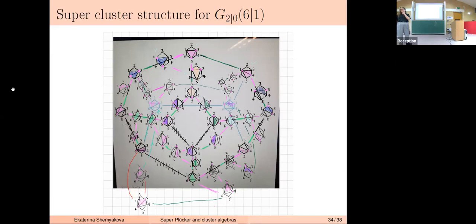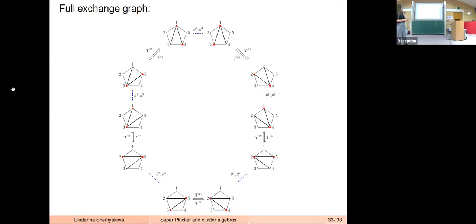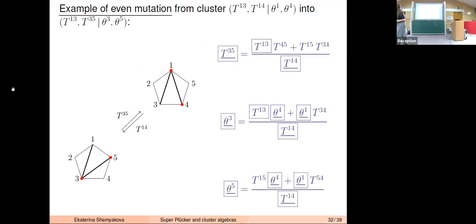I'll try to do it. And probably for m equals K, you'll just need K odd variables in each cluster.